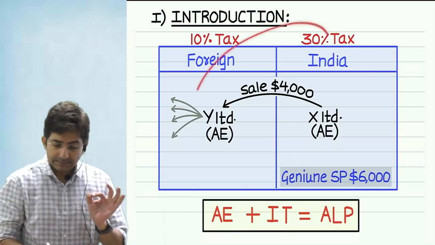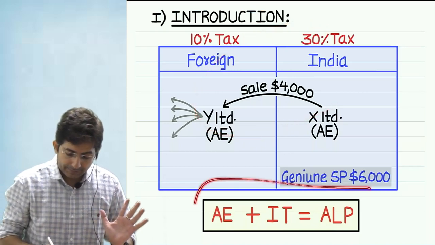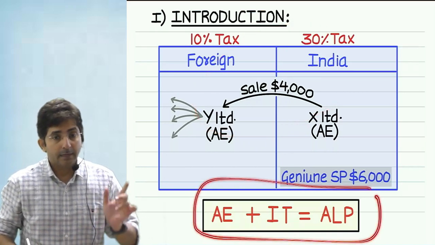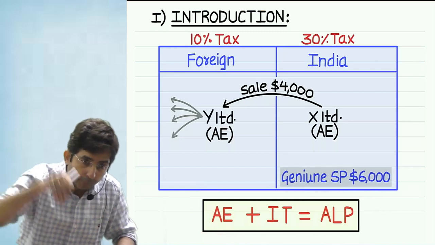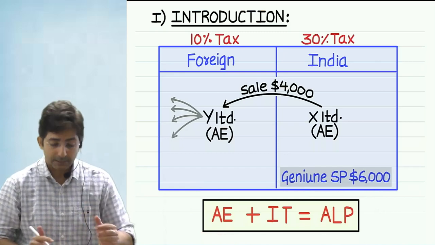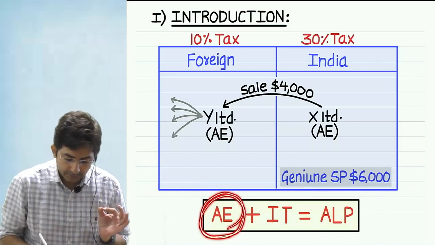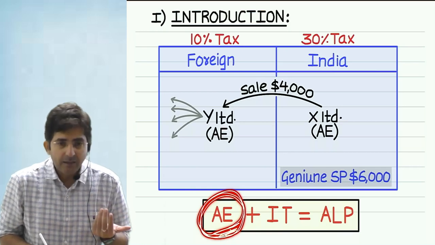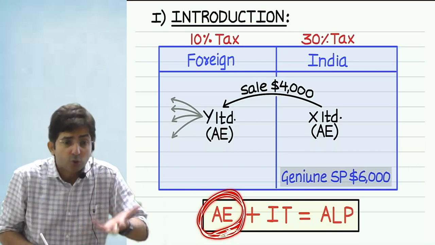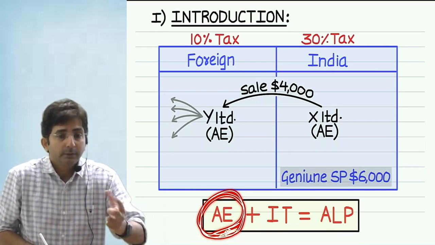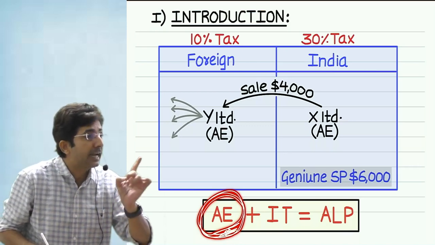See, with this example, I created an equation. Now you have to understand the depth of the equation. First you have to understand that, sir, you have been saying repeatedly that they should be associated. Associated means what? This is defined by section 92A.